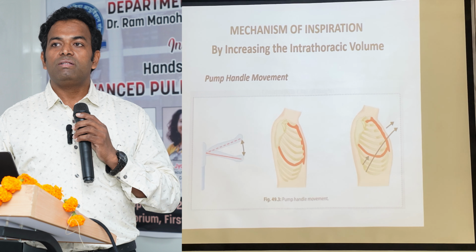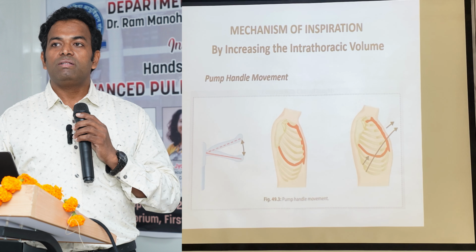At resting position the ribs are directed backward and downward, but during inspiration they move outward and forward, attaining a more parallel position with respect to the spine. So it moves the sternum forward and increases the anteroposterior diameter, which increases the volume of the intrathoracic cage. So it helps in the movement of air inside the lung.